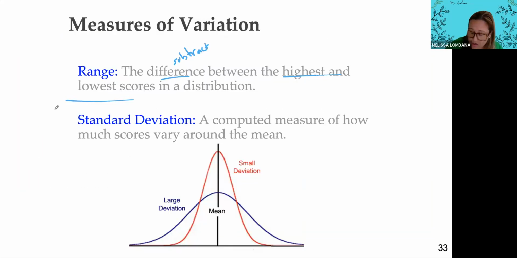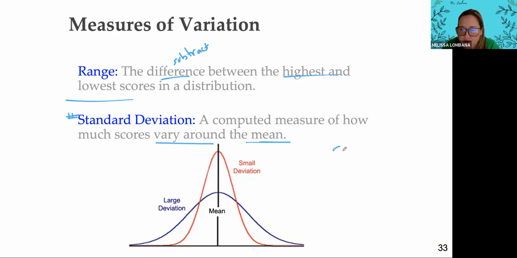Standard deviation is a little bit more complicated. This is your number two. Now, lucky for us, we do not need to figure out the standard deviation, like the calculations. They give it to us, thank goodness, which is basically how much the scores are going to vary from the mean. So standard deviation is just how much these scores are going to go away from the mean.